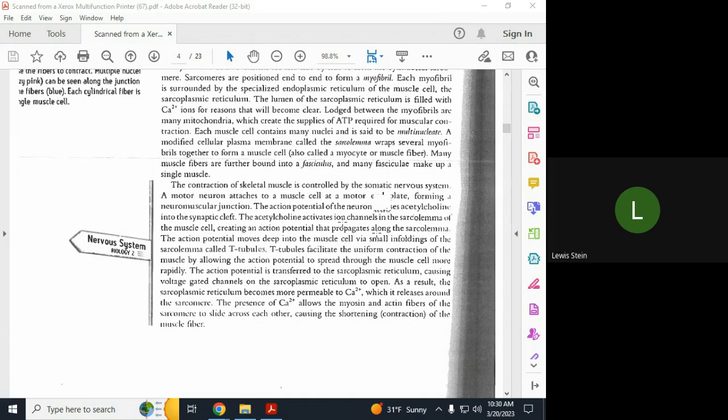If it does, that'll be sufficient to carry that impulse to voltage gated first sodium and then potassium channels and propagate that in all directions.